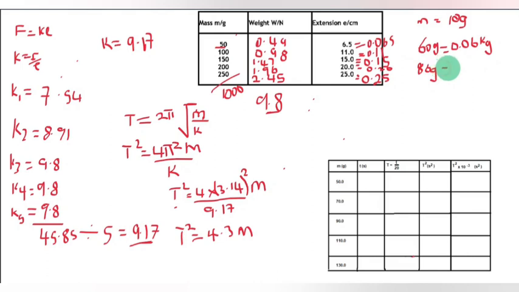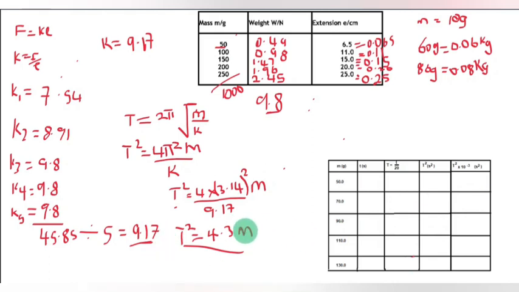That gives us 0.08 kilogram. So I'll use these two to work on the formula that we arrived at here. I'm going to fill this starting from here, then I'll walk down this way. I'll fill the 2 columns, then I'll pause the video and fill the rest of this. Then we plot the graph.